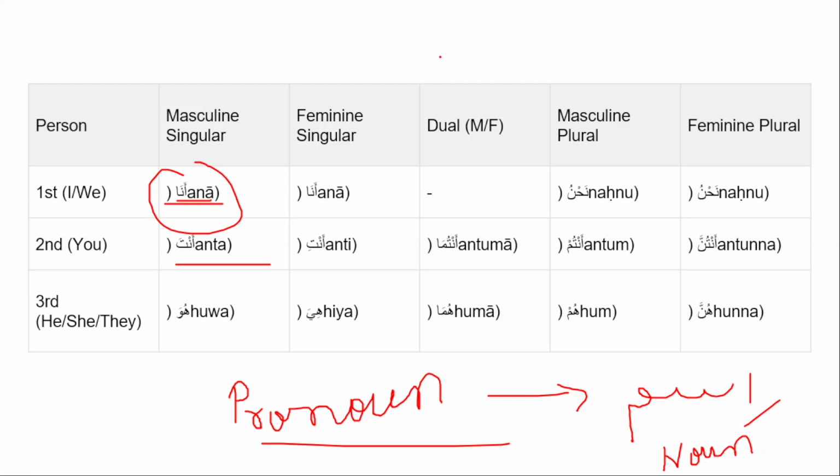The detached pronoun is called detached because it's not connected to any other word. It stands separate, for example, Ana Muslim. Ana is not attached to the next word, so that is called a detached pronoun.